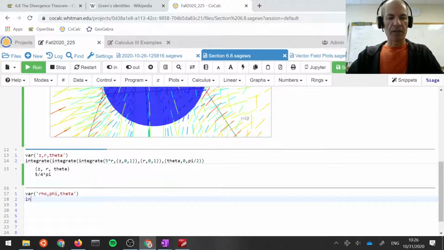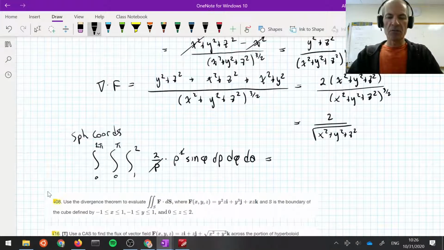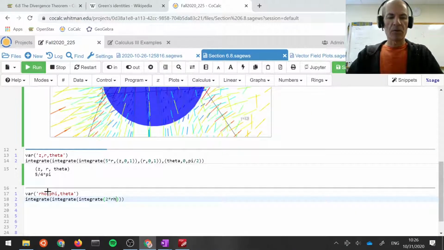Declaring the variables, integrating 3 times. And remember the integrand here is 2 rho sine phi, and then, times sine phi.